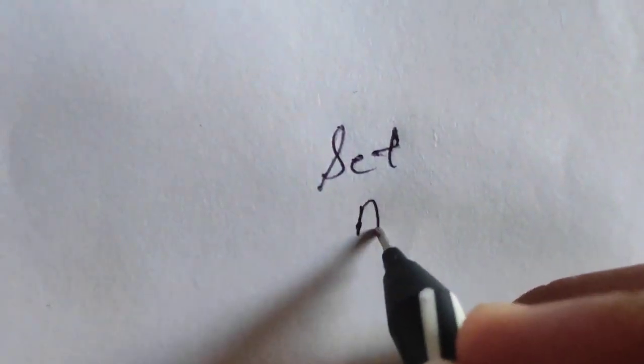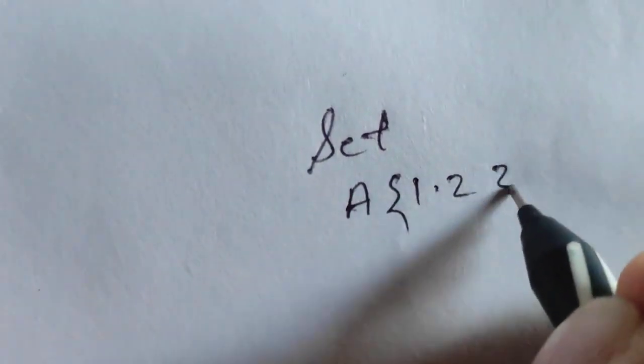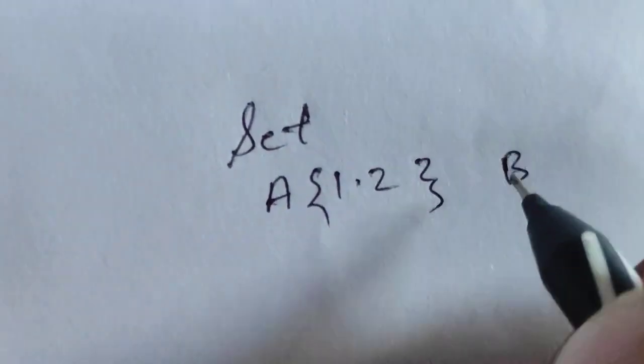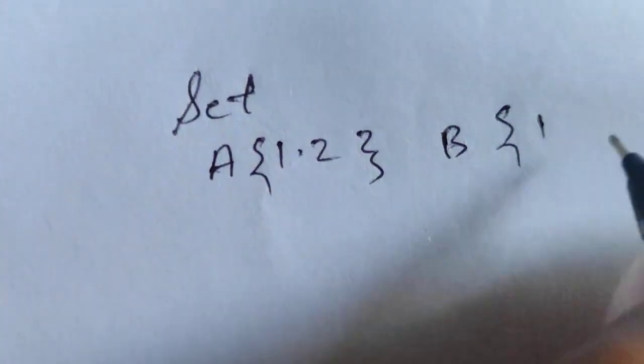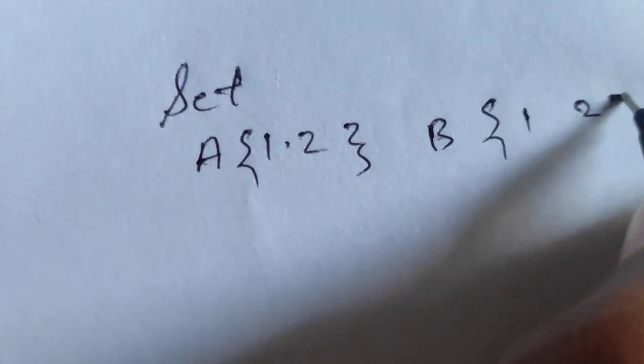In the previous class, we talked about sets. We talked about what a subset is. For example, if A has the elements 1, 2, and B has 1, 2, and 3.